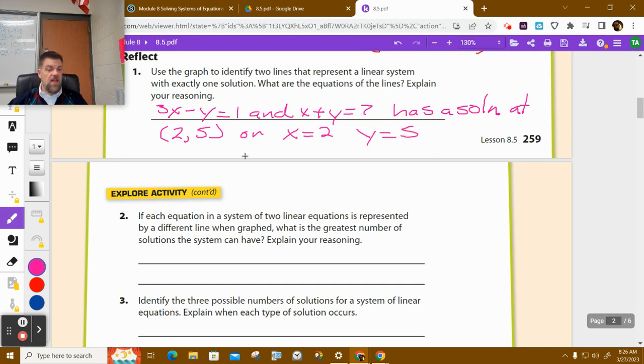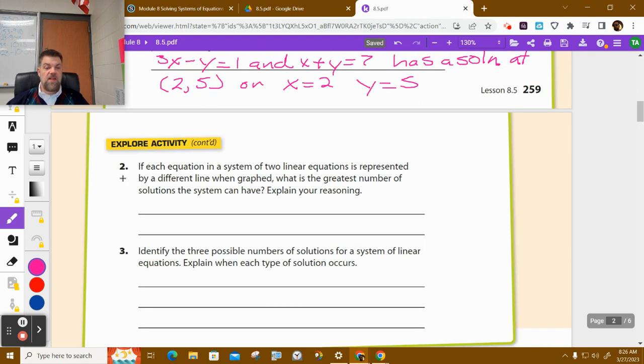Okay? And then it says if each equation in a system of two linear equations is represented by a different line when graphed, what is the greatest number of solutions that you can have? One.